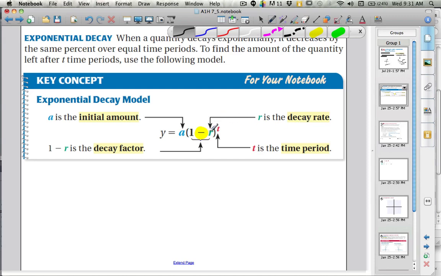In the other model, it's the growth rate. T is still the time period, A is still the initial amount, but now 1 minus r is called the decay factor, and r is the decay rate. So either way, it's really the same as the growth model, it's just that you have a negative growth rate, which makes it a decay rate. Okay, so it's the same basic model.